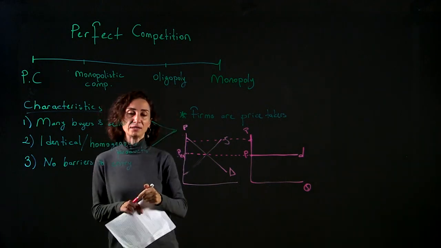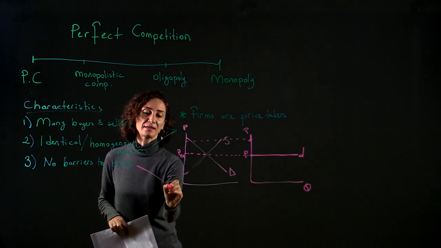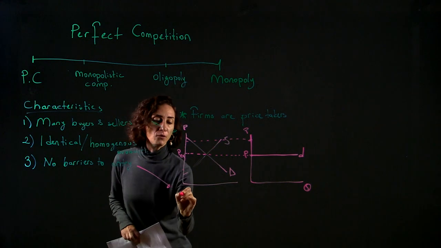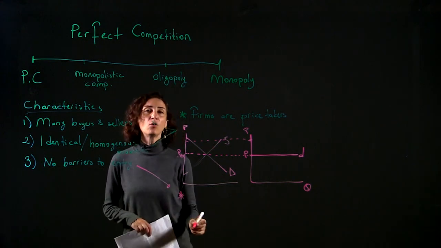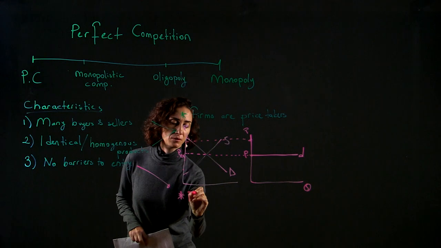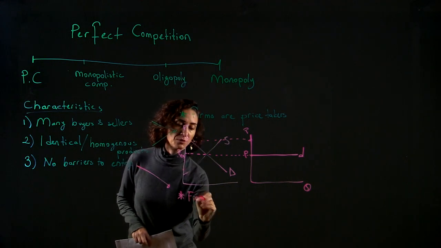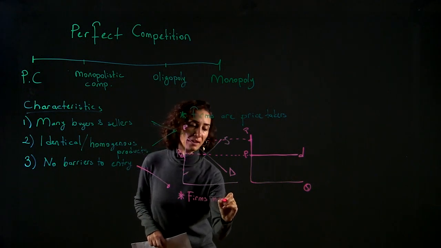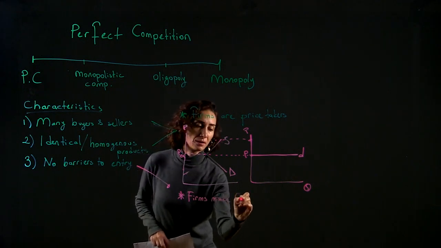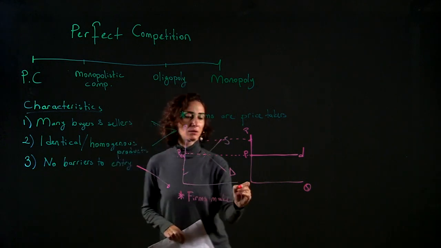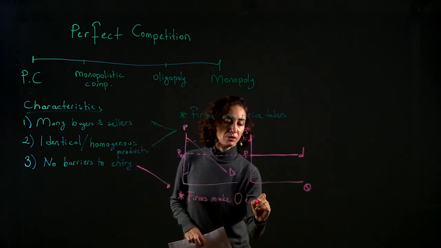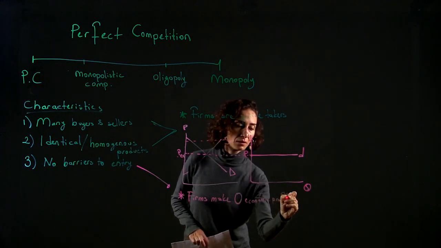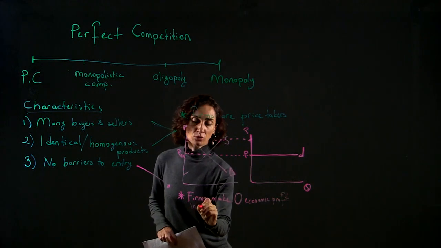Because there are no barriers to entry, this is the second implication of a perfectly competitive market: firms in perfectly competitive markets make zero economic profit in the long run.